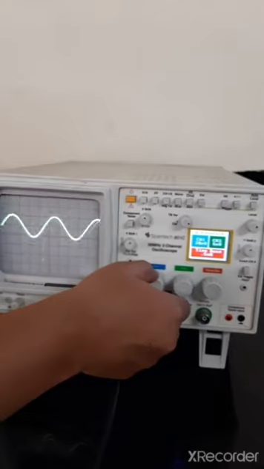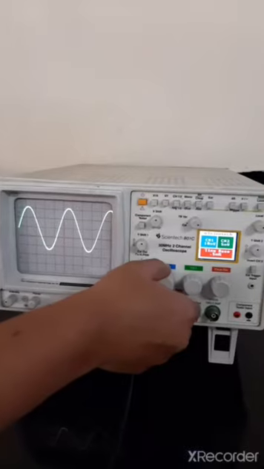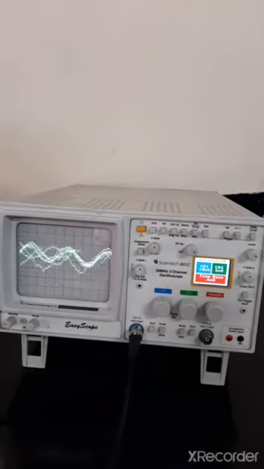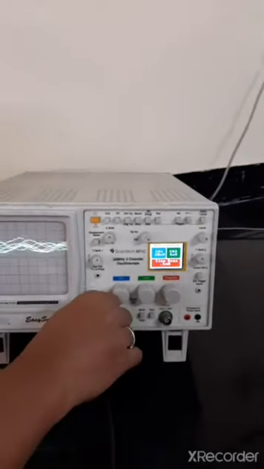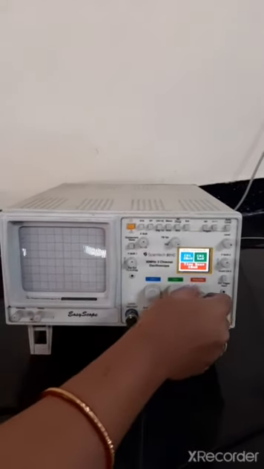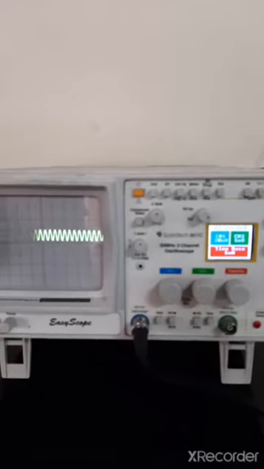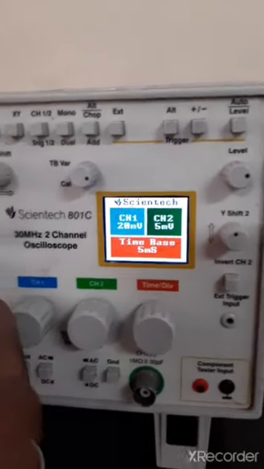Here set our input in millivolts. Here one block multiplied by 20 millivolts means our input is 20 millivolts. Here we set the input.